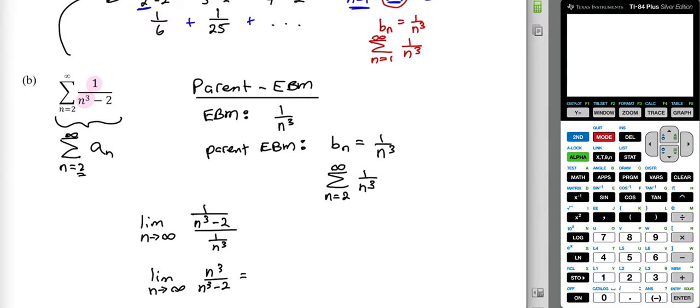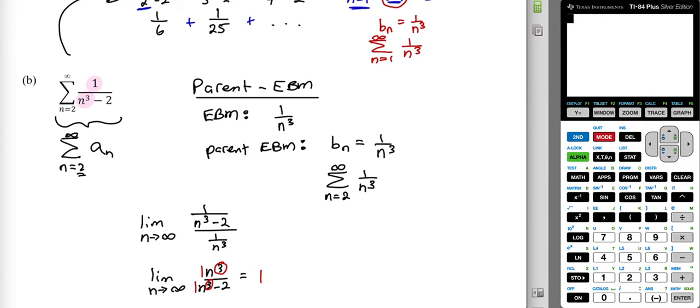A little keep, change, flip. The powers are the same. That's the whole point behind this. By choosing the parent EBM, we're creating an instance, that's the cleverness behind this, where we're able to manufacture a rational expression where the high power top and bottom are the same, which leads us to being able to determine a finite limit based off the ratio of the leading coefficients, which in this case would be 1.